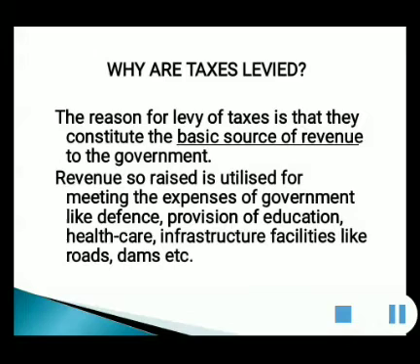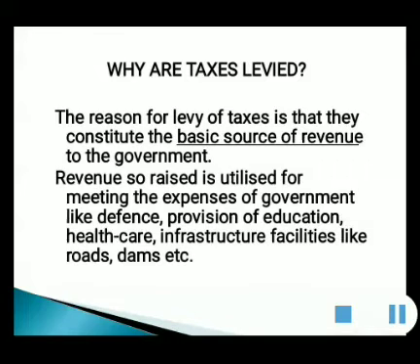Now, why are these taxes levied? Why should we pay for our income, for our wealth, or the product we are purchasing for our consumption? Because taxes constitute the basic source of revenue to the government, and the revenue so raised is utilized for meeting the expenses of government, like defense, provision of education, healthcare, infrastructural facilities like roads, dams, etc. So why are these taxes levied?